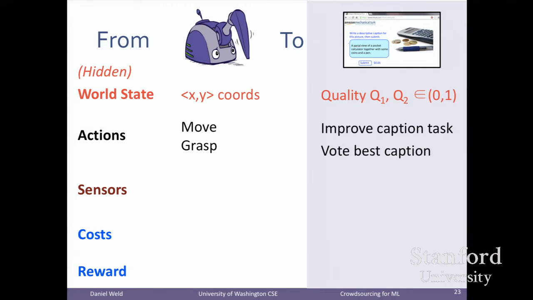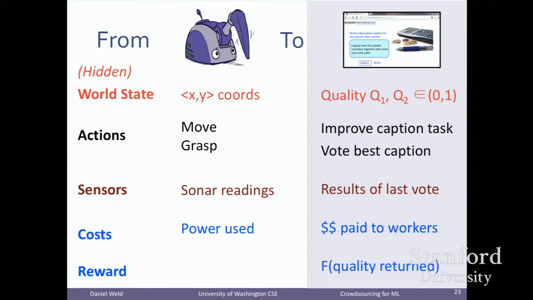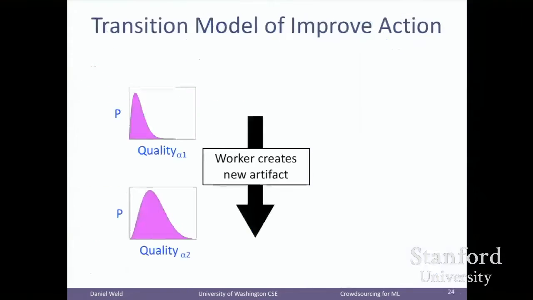They're basically representing the quality of the first caption and the quality of the second caption. So our numbers have to be between 0 and 1. Instead of having a sonar, all we get to observe is the result of the most recent vote. And the reward is, well, we have a negative reward every time we pay a worker, but we get a positive reward for returning a good caption at the end. So that's the POMDP model.